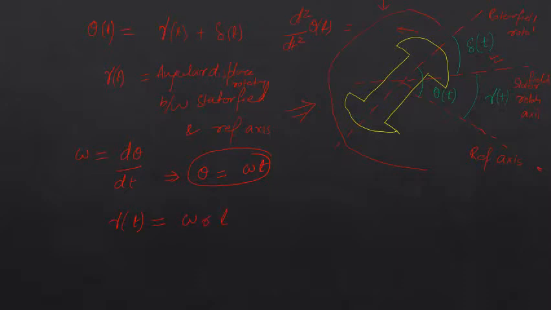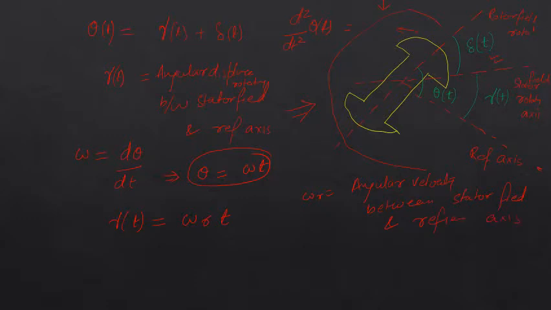And what is this omega r? Omega r is the angular velocity between the stator field and the reference axis.